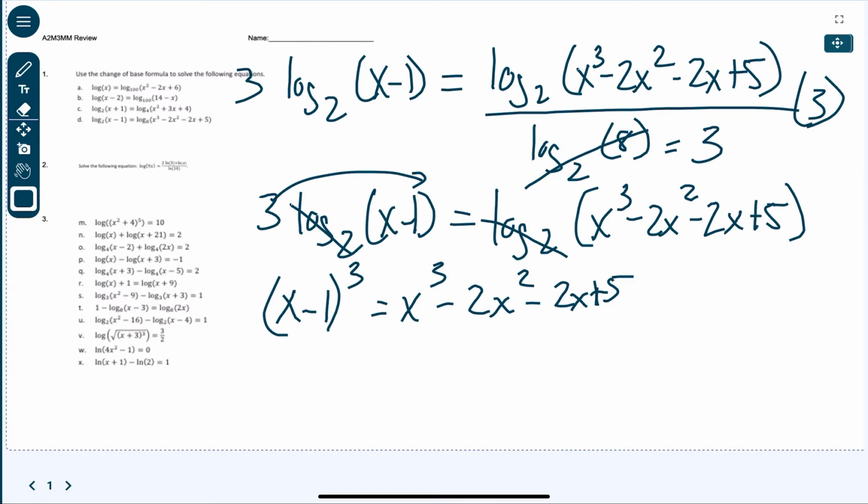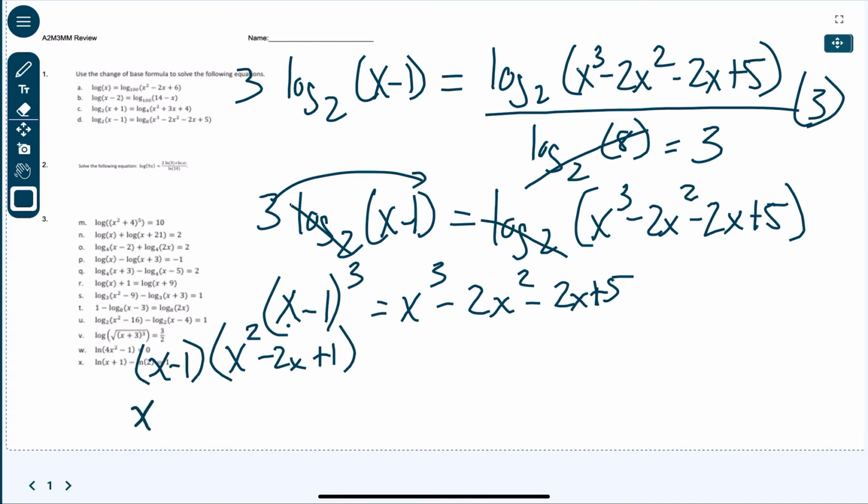And how is that going to work out on the left side? Well, x minus 1 times x minus 1 would be x squared minus 2x plus 1. And then let's do that again.